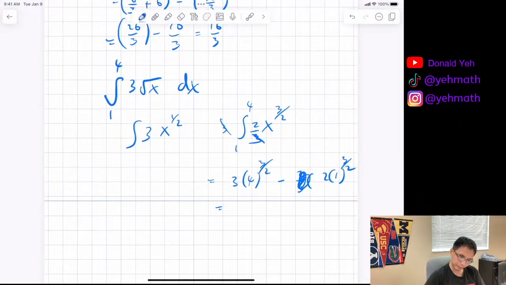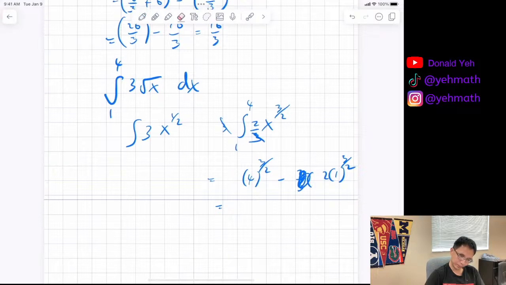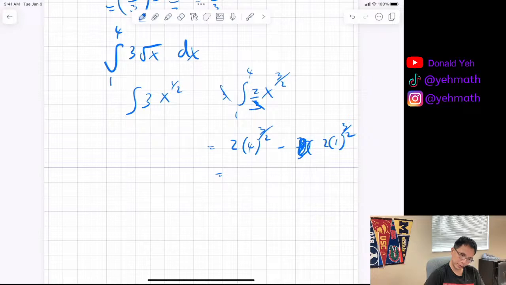Which part is supposed to be 2? Did I make a mistake somewhere? Yeah, that 3 should be a 2 times 4 to the 3 over 2 power, because you got rid of the 3. Okay, now right. So 2 times 16 minus 2 is equal to 14.